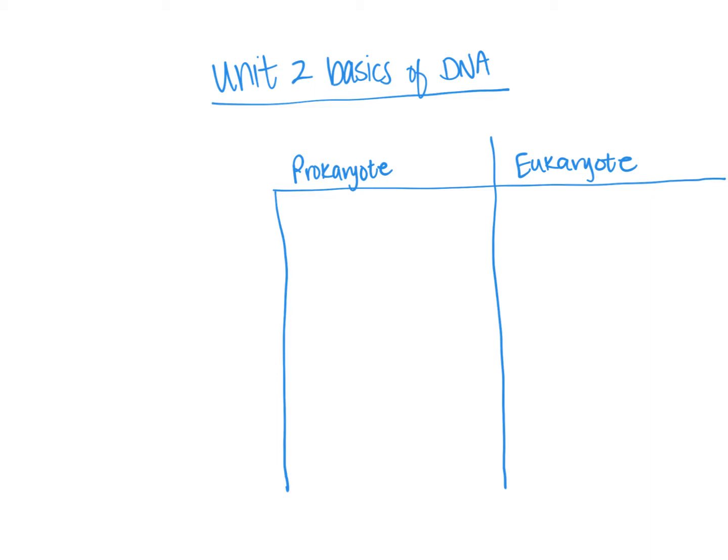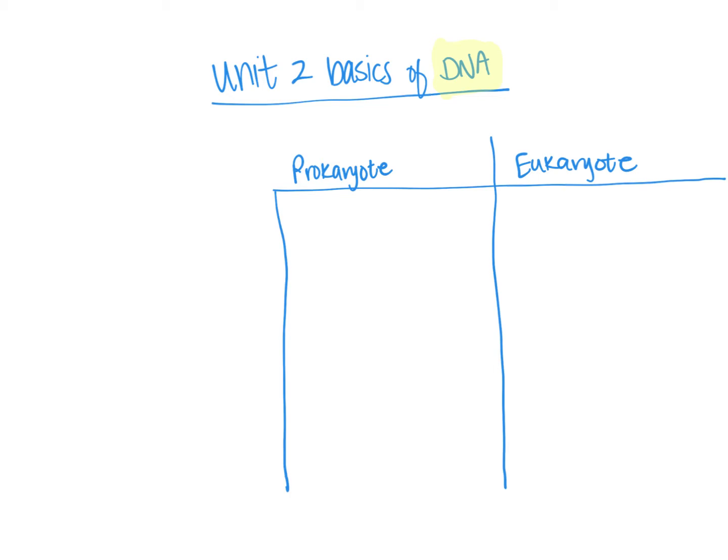So the first thing we're going to talk about is the basic structure of prokaryotic and eukaryotic DNA, but it's important that you all understand that in both cases, prokaryotes and eukaryotes, we're still talking about DNA. Many students want to say that prokaryotes have RNA, and that's true, but that's not their genetic information.